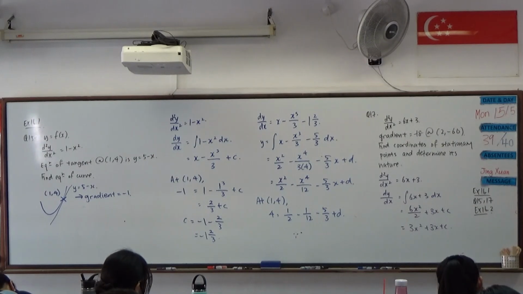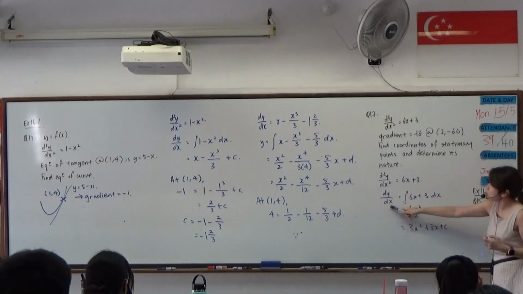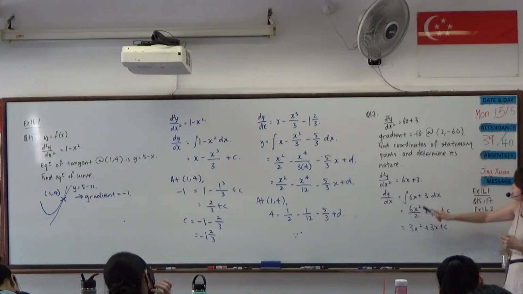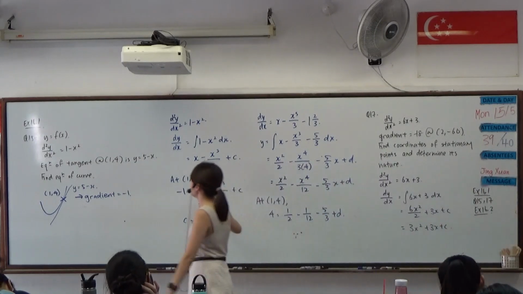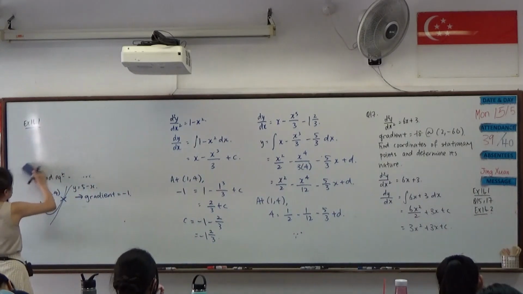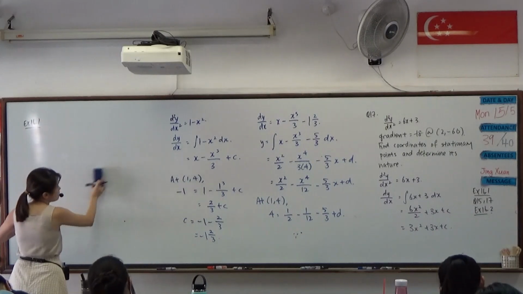We need to determine the constant by making use of this information, whereby at this particular point your gradient is negative 18. So dy over dx equals negative 18 when x equals 2. Then we can find the value of dy over dx. So let me continue writing here.